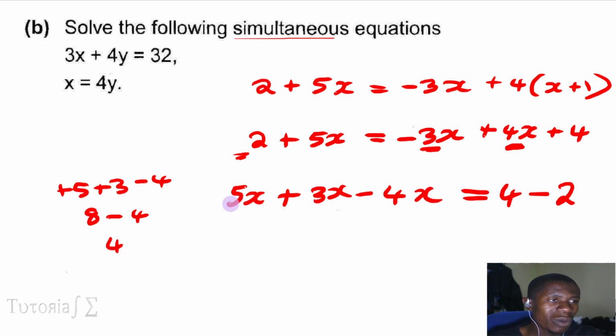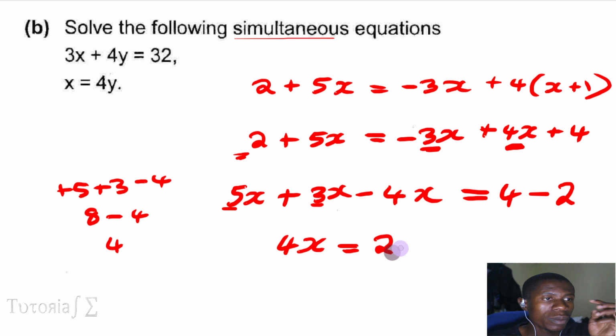So 5 plus 3 minus 4 gives positive 4. Since they all have x, you put an x here, equal to 4 minus 2, that will give you 2.